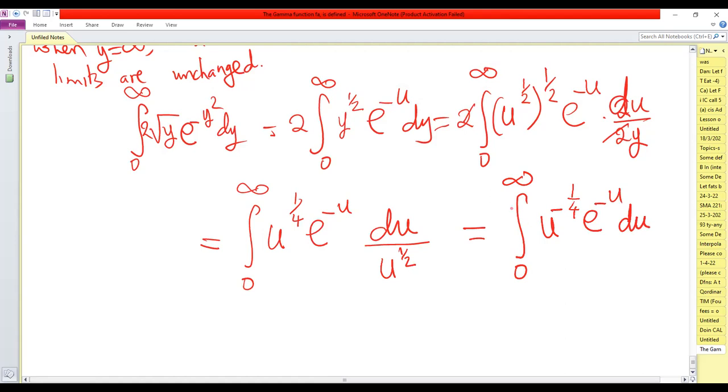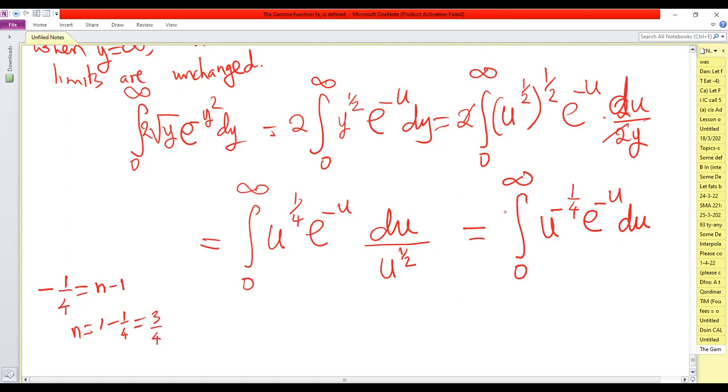Now we rewrite this power minus 1 over 4 in the form of n minus 1. So this tells us that n is the same as 1 minus 1 over 4, which is 3 over 4.